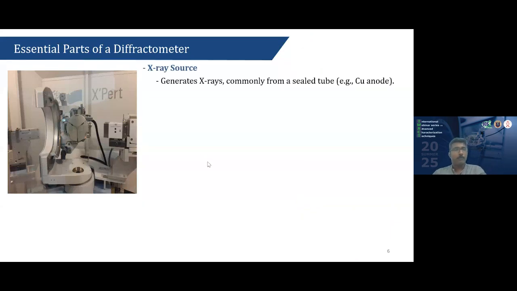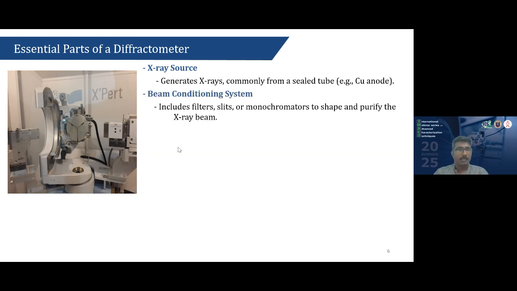Now we move on to the essential parts of a diffractometer. First one is the X-ray source, which generates X-rays. Then the beam conditioning system, which shapes and purifies the X-ray beam, and consists of filters, slits, and monochromators.